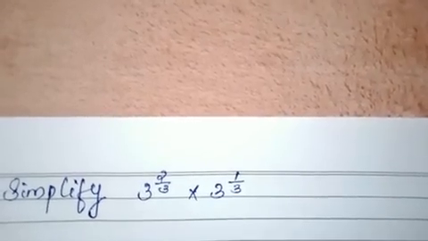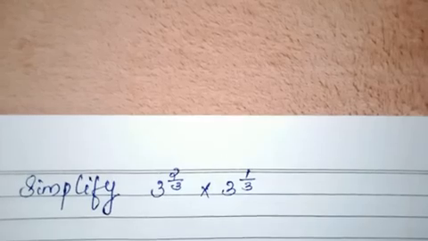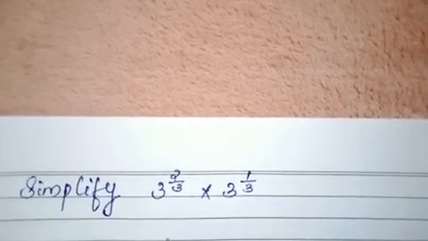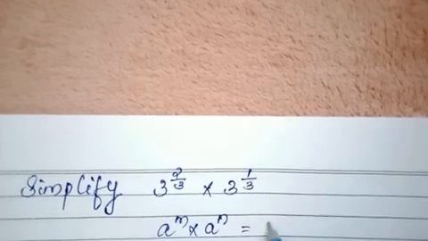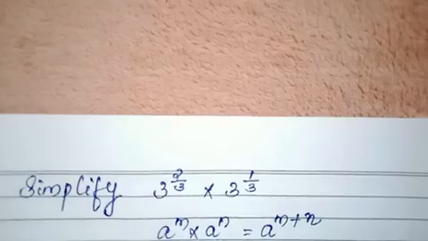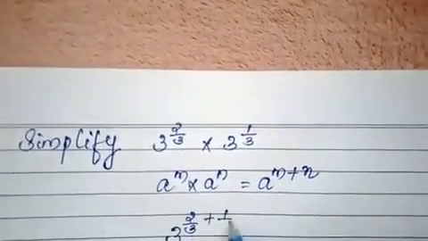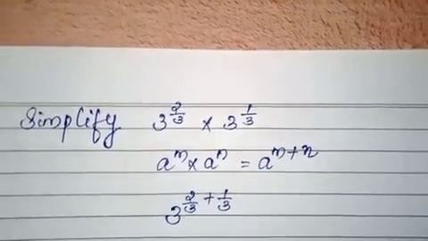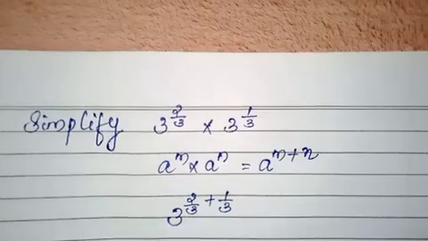Next question is simplify 3 raised to the power 2/3 into 3 raised to the power 1/3. Here we apply the exponents rule: a^m into a^n equals a^(m+n). Is it? So 3 raised to 2/3 plus 1/3.